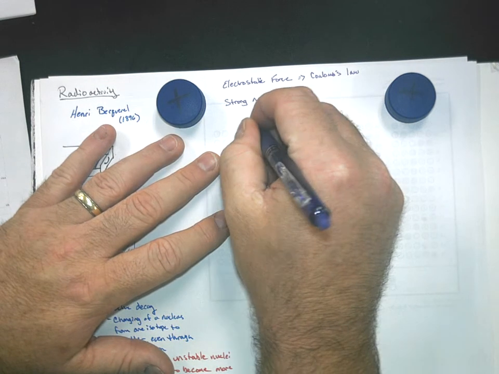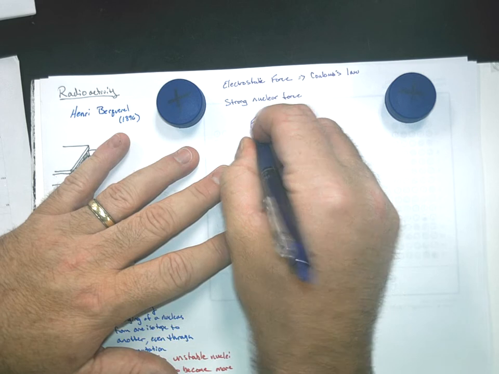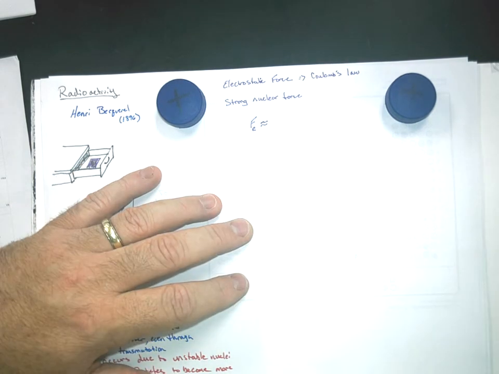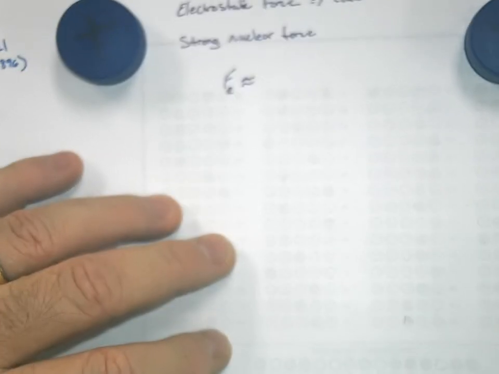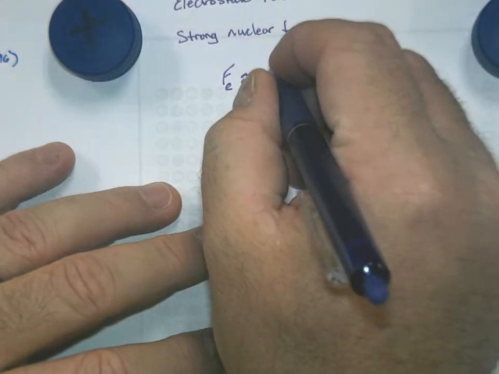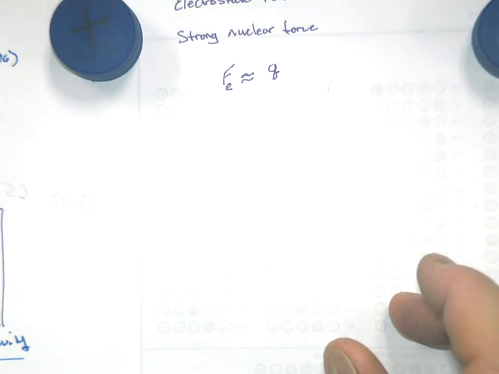The force, and we'll call it E because it's an electrostatic force, is proportional to Q. Q is our variable that represents charge.